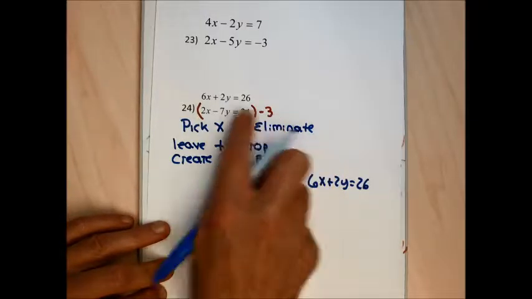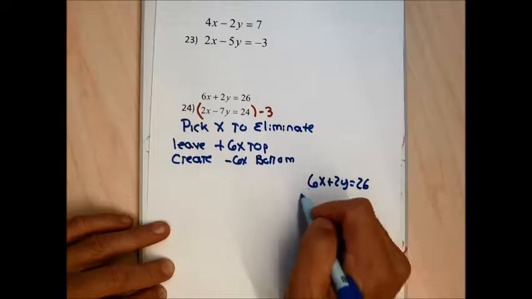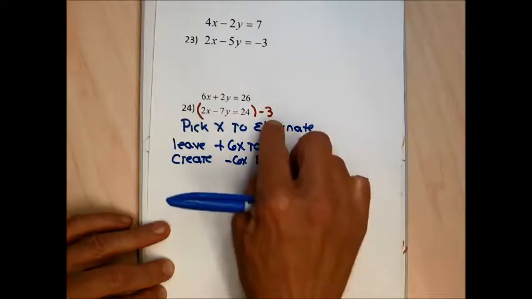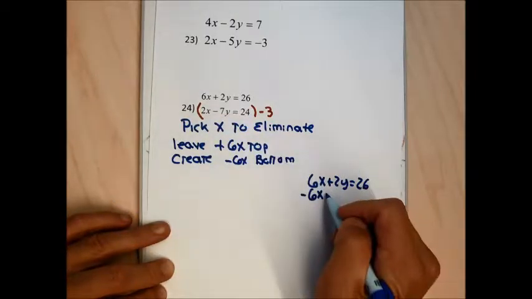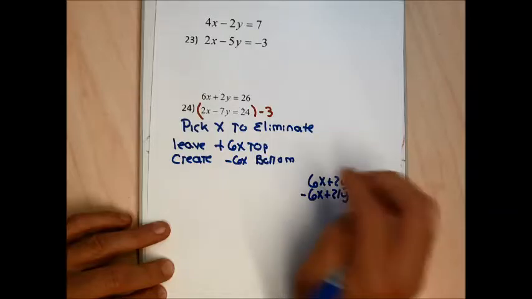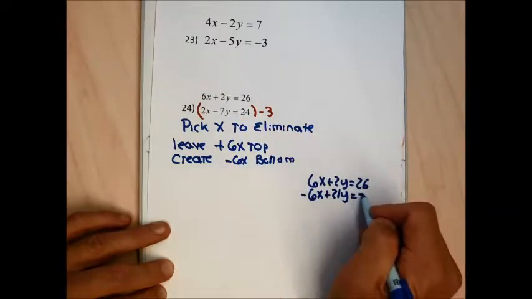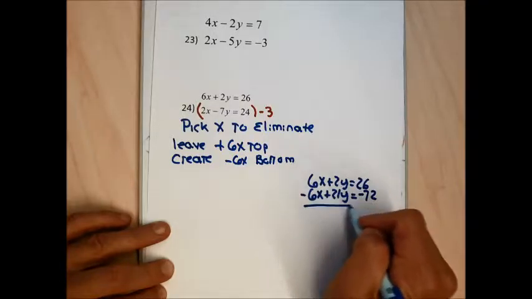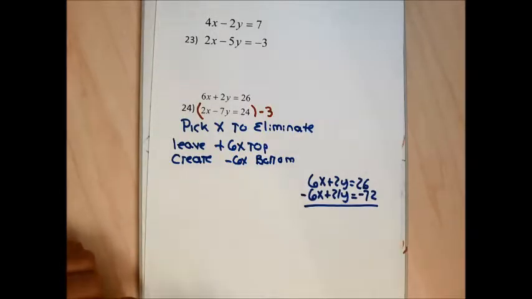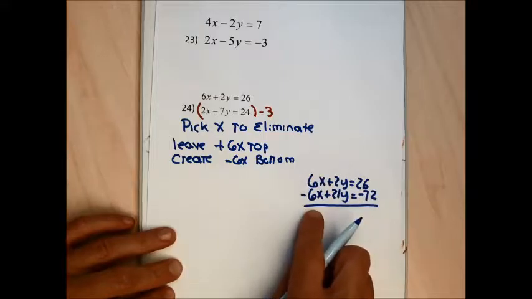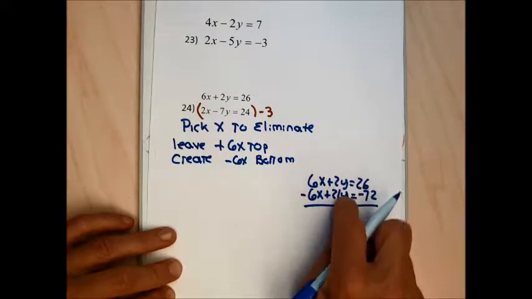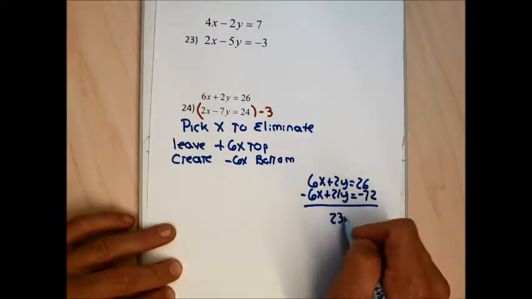So I'm going to go negative 3 times positive 2x and get negative 6x. Negative 3 times negative 7y will give me positive 21y. And negative 3 times 24 is going to be negative 72. Done with the first step. Second step is to add these together. 6x minus 6x cancels. 2y plus 21y is 23y.